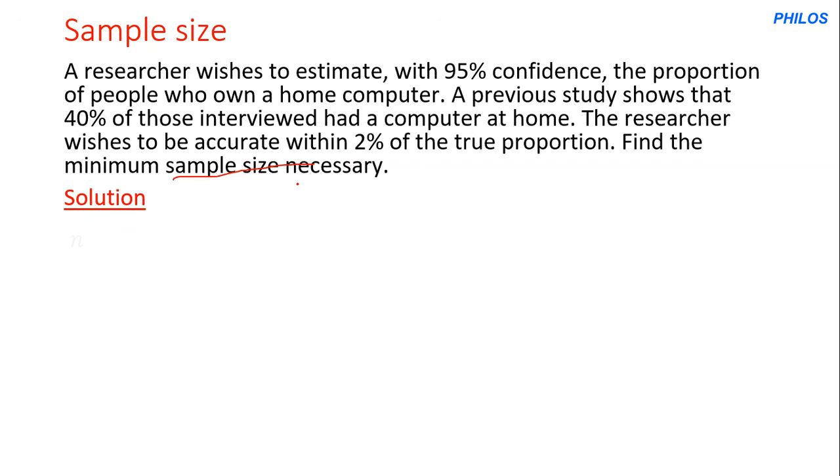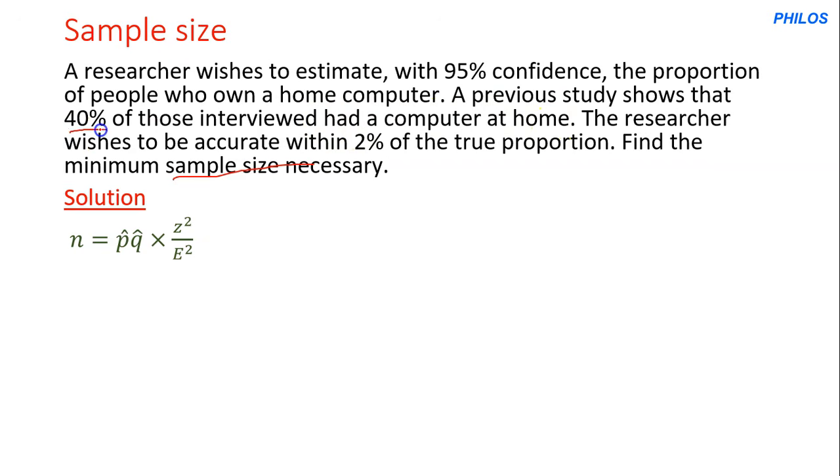Okay, so to solve this, let's recall the formula for sample size n. Sample size is equal to p hat times q hat times z square over e square. Now when we look at the question, it has given us p hat. The question says a previous study shows that 40% of those interviewed had a computer at home.